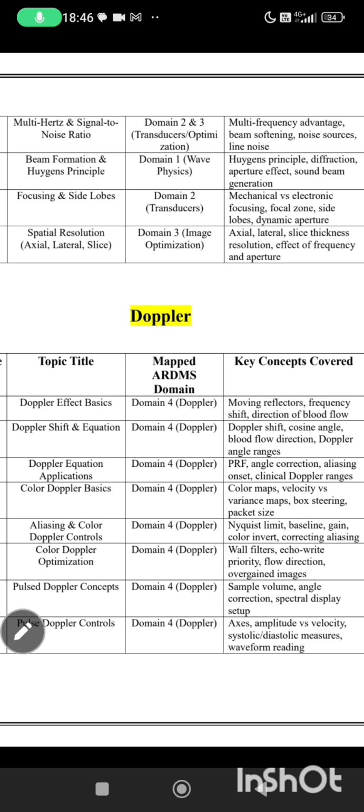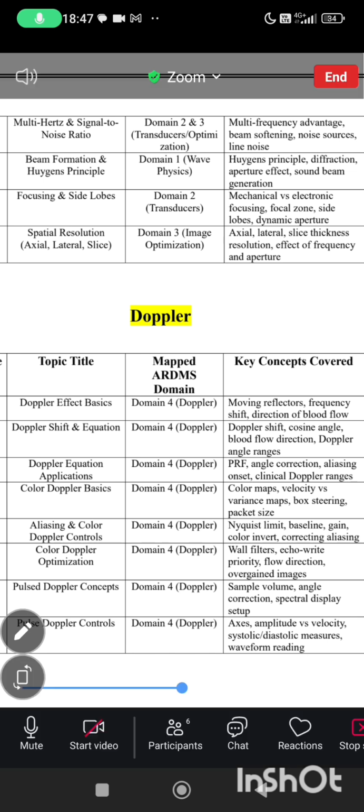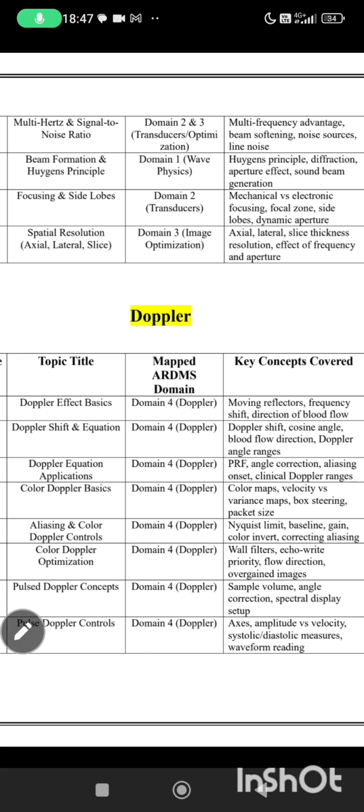Okay, what about PRF? You decrease PRF. What was the cause of aliasing? Because the Doppler shift is greater than the Nyquist limit.